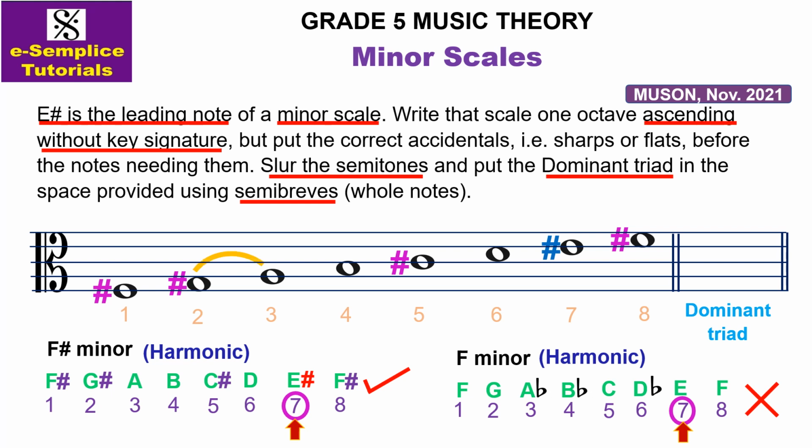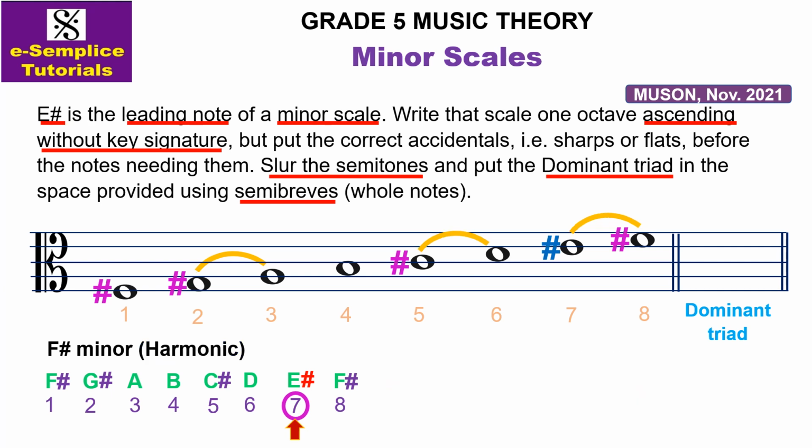I'm to add the slurs. Remember, a harmonic scale is slurred at degrees 2/3, 5/6, 7/8. But I still have to write the dominant triad.